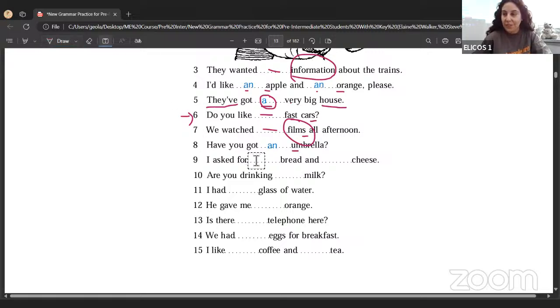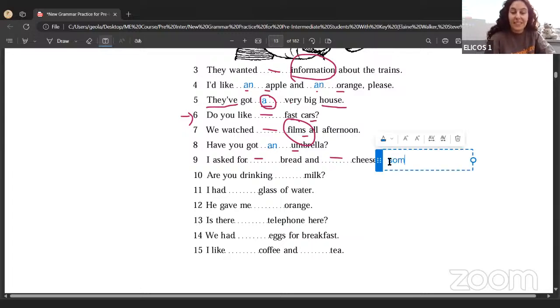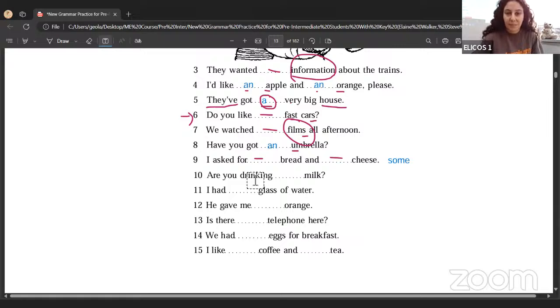9, we'll go to we. Exactly, no article. Yes, I asked for bread and cheese. Now, I think we're going to learn this a little later, but I might tell you a trick now. Remember, with these ones, you could say some. So I asked for some bread and some cheese. We'll learn this word later in the lesson.